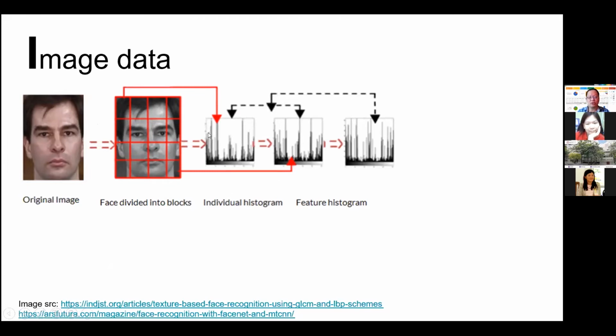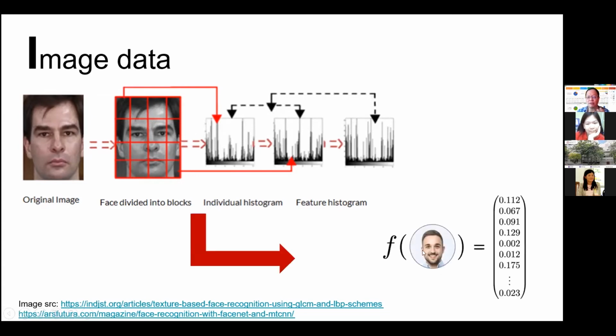Once we have the histogram of each small square, we concatenate them, and it becomes a vector of numbers. So basically what we try to do is create a function of x. In this case, x is the face of a person. Then it becomes a long vector, which can be a histogram or something else.